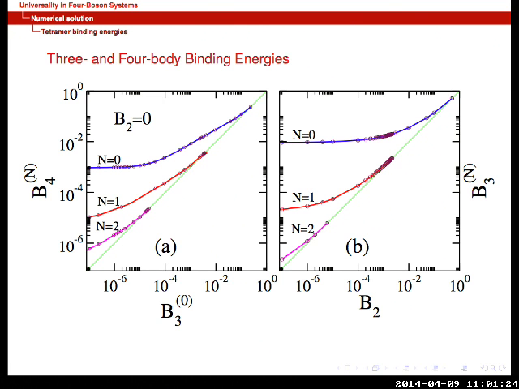Yes, yeah. In terms of interpreting this state that you've labeled by n equal to 1 and n equal to 2, would you claim any universality associated with it? Yeah, we can see this. I forgot to say that this line is the atom-trimer line and this line is the atom-dimer line.